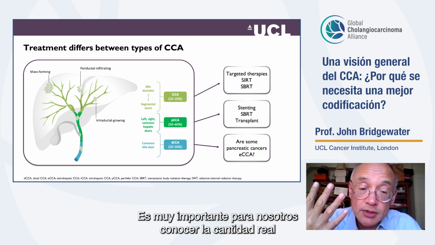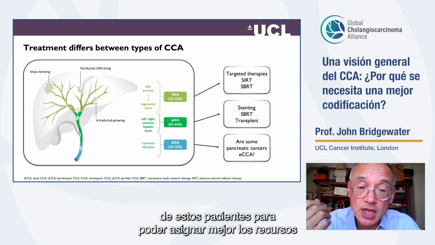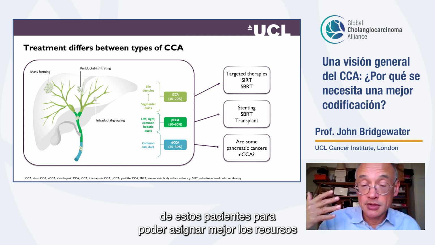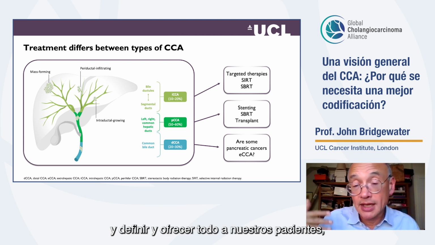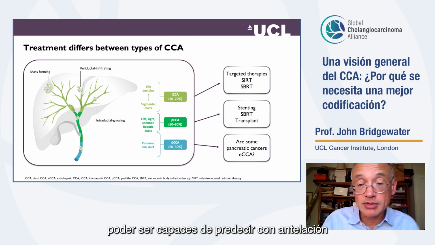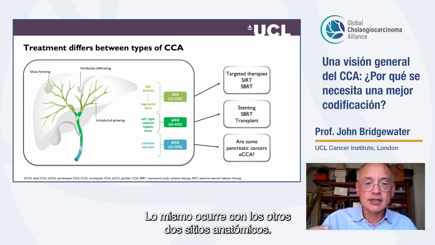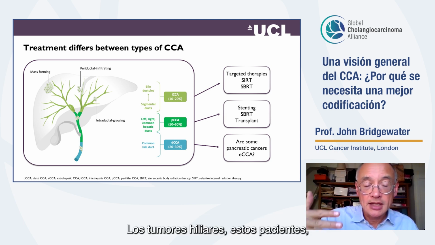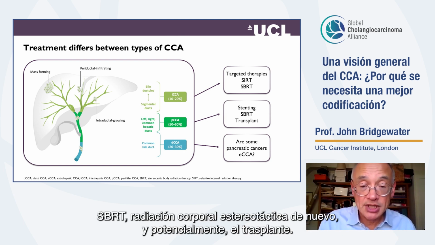So it's really important for us to know the true number of these patients out there, in order to be able to best allocate resource and be able to predict ahead of time what our patients would be best treated with. And the same goes for the other two anatomical sites, the hilar tumors. So for these patients, the treatments would be primarily stenting, SBRT, stereotactic body radiation again, and potentially transplant.